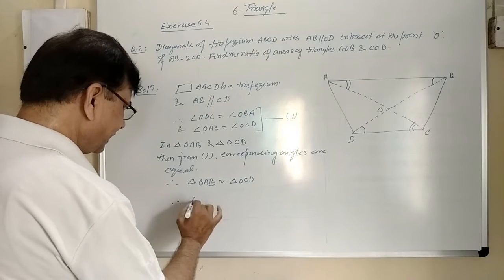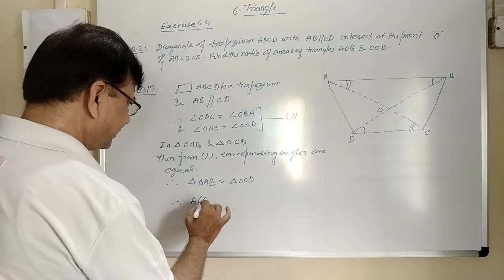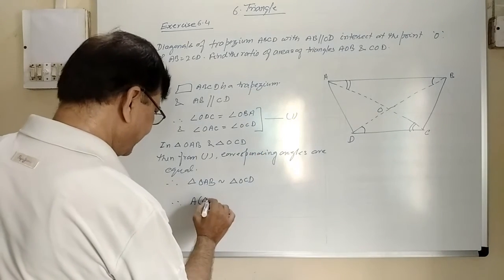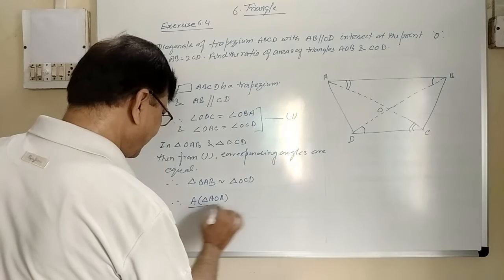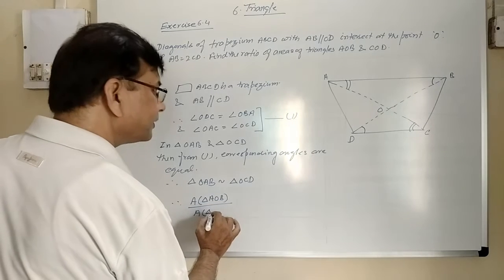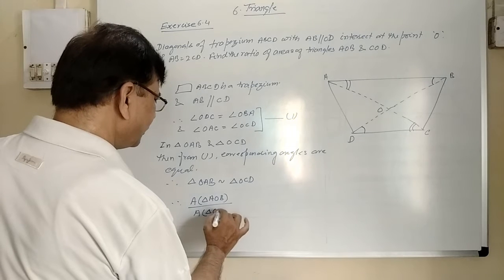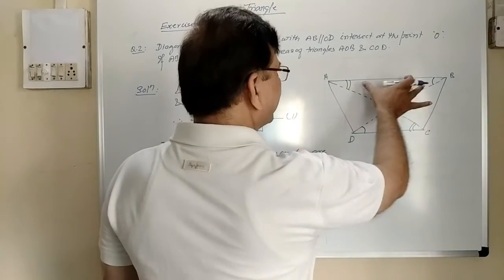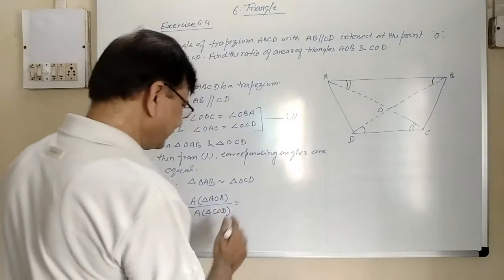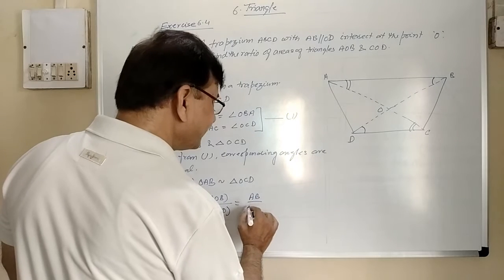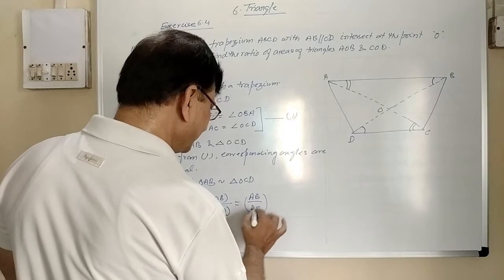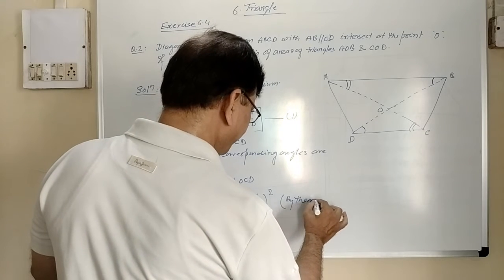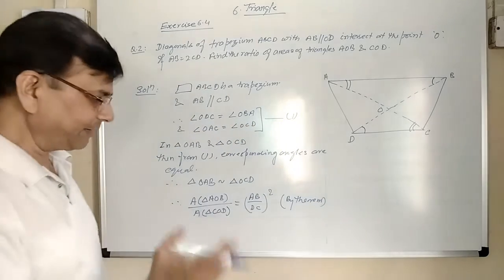Therefore, the area of triangle AOB upon the area of triangle COD is equal to AB upon DC whole square, by the previous theorem, what we have already done.